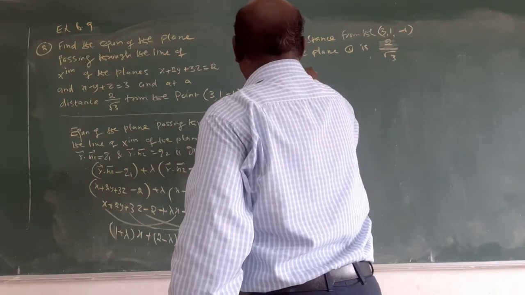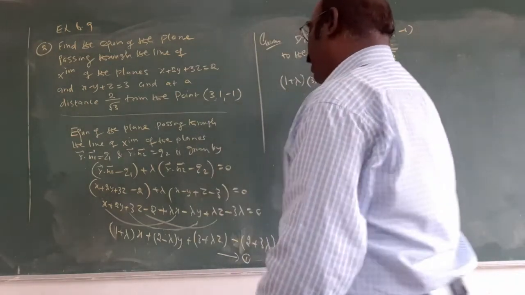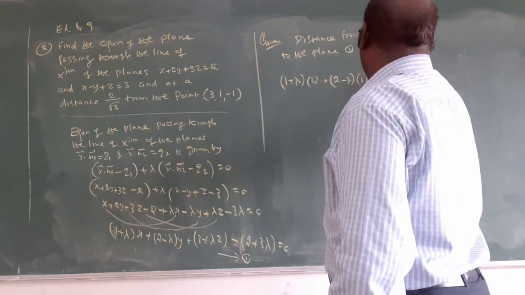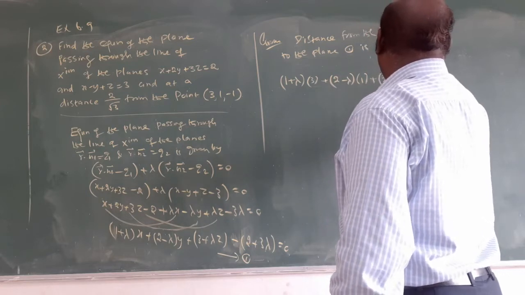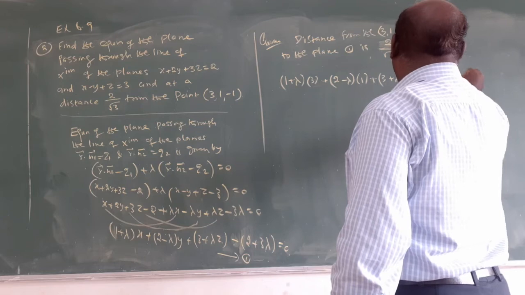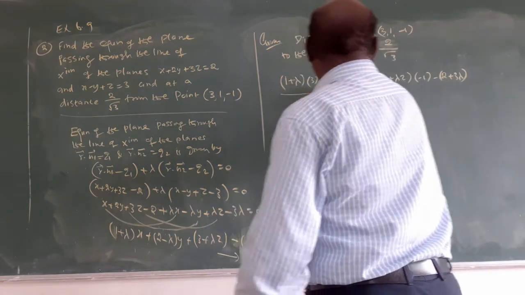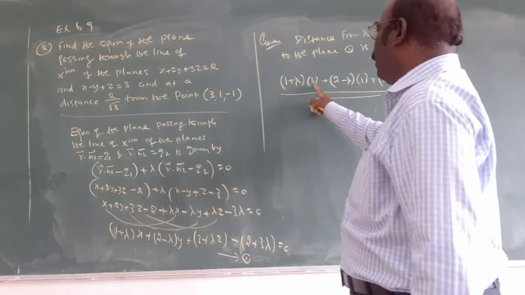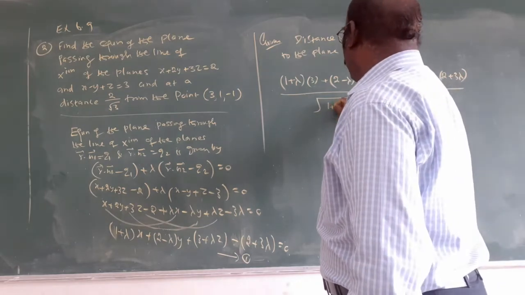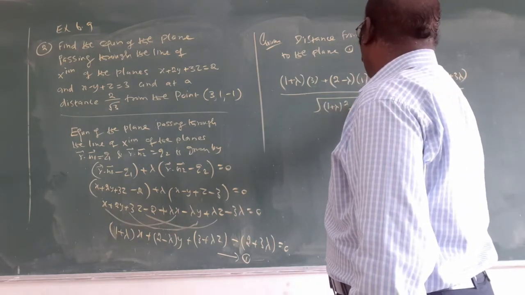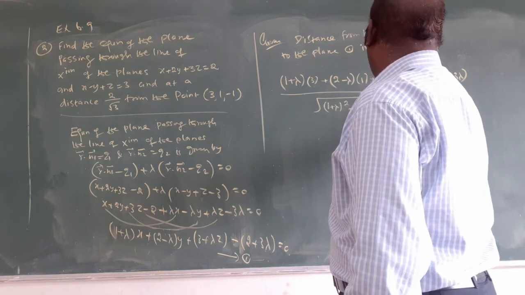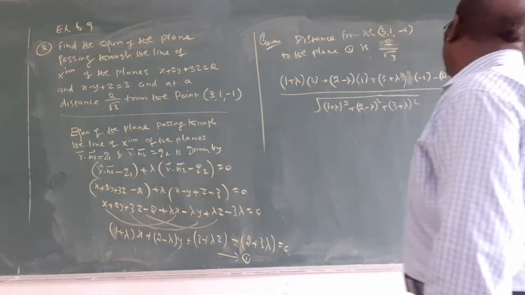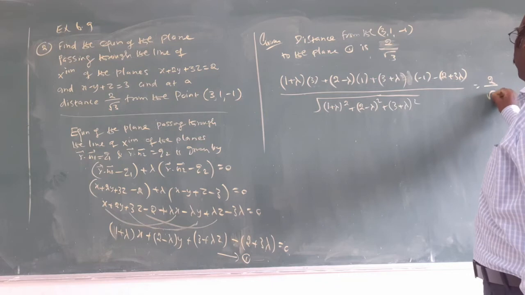Substitute: 1 plus lambda into 3, plus 2 minus lambda into 1, plus 3 plus lambda into minus 1, minus 2 minus 3 lambda inside modulus, divided by the root of the coefficients of x squared: 1 plus lambda whole square, 2 minus lambda whole square, 3 plus lambda whole square. Am I right? Equal to 2 by root 3.